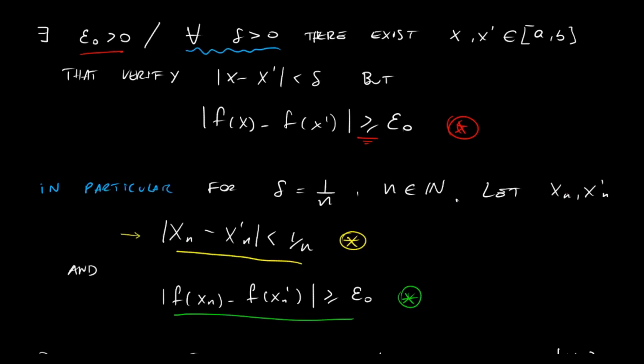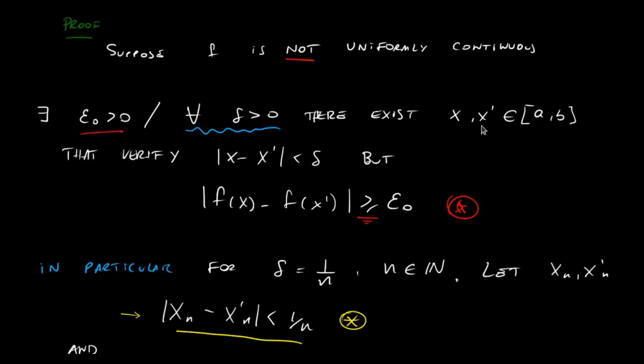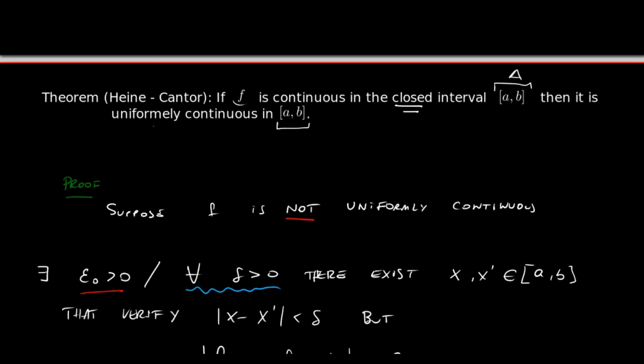And the numbers in our sequence x of n and x of n prime, and therefore the numbers in the subsequences x of n sub k and x of n sub k prime, must also satisfy this condition. f of x sub n sub k minus f of x sub n sub k prime has to be greater than or equal to epsilon 0. So then it's an absurd because we have that it is 0, and the absurd comes from supposing that f is not uniformly continuous. So then f is uniformly continuous, and that proves our theorem.